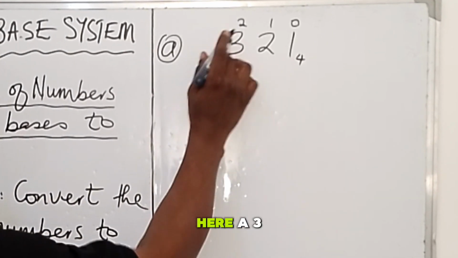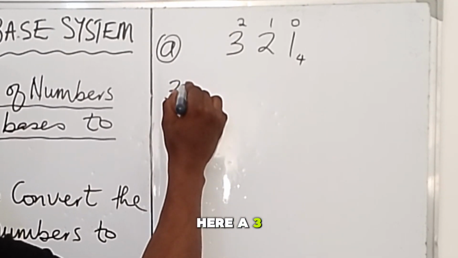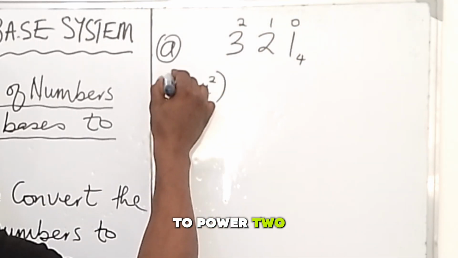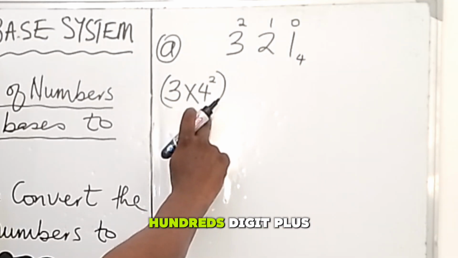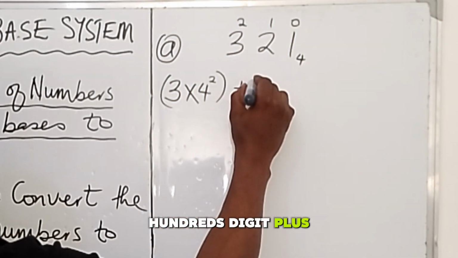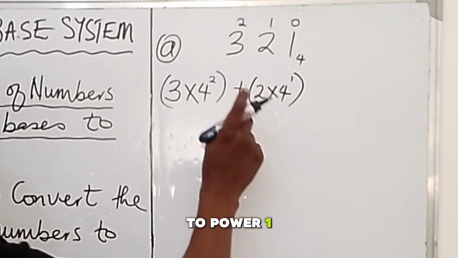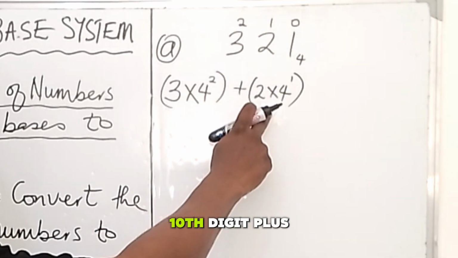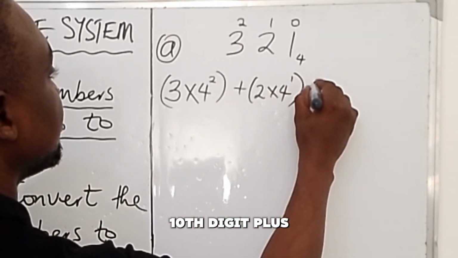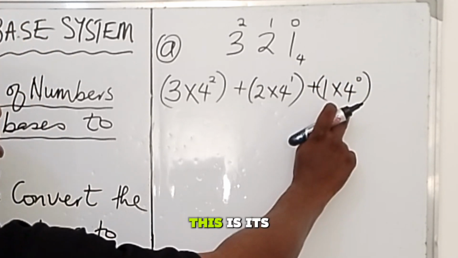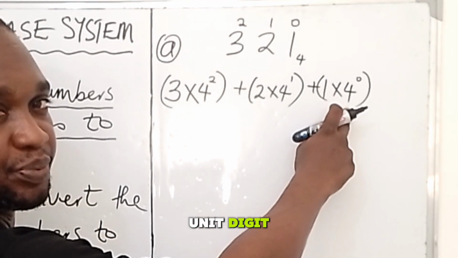So we have here 3 times 4 to power 2. This is its hundreds digit, plus 2 times 4 to power 1. This is its tens digit, plus 1 times 4 to power 0. This is its units digit.